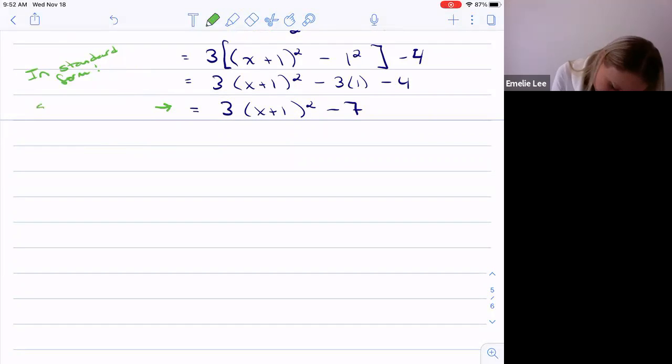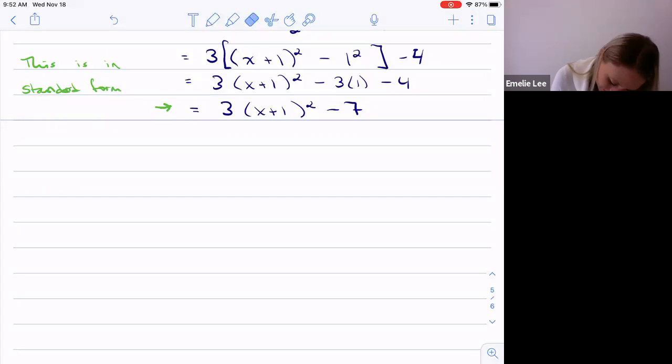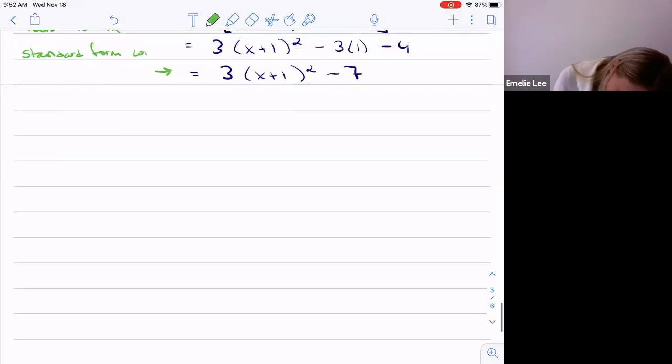This is in standard form. So the vertex, hey, why did I write it on a slant like that? I'm not going to do that. This is in standard form, with the vertex equal to (h, k), which in this case is going to be (-1, -7).